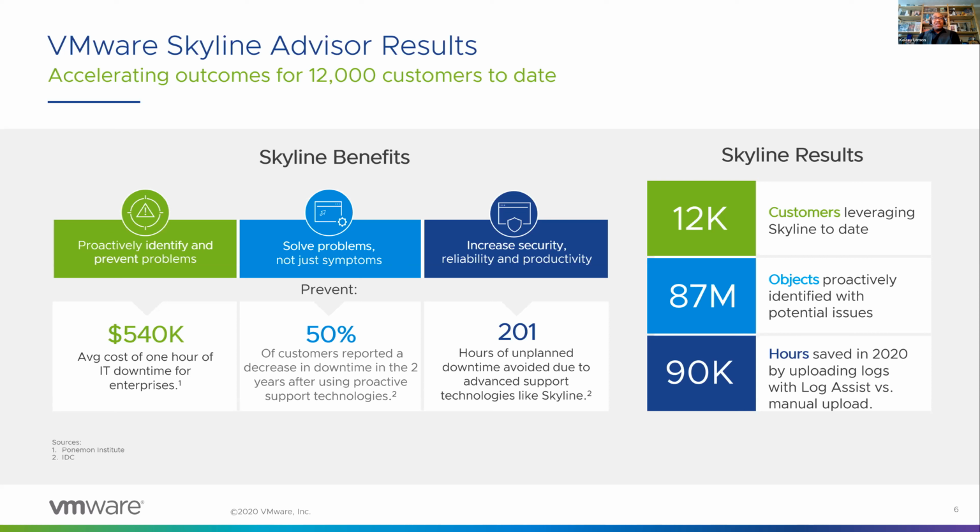When you translate that into hours, it's nearly 100,000 hours saved. If you've done the traditional log transfer process, and I'm sure Mark's going to be talking about this later, I'm sure you can all relate to how slow and painful that process is. The Log Assist feature removes that pain, again giving you that very valuable time back to do more meaningful work.